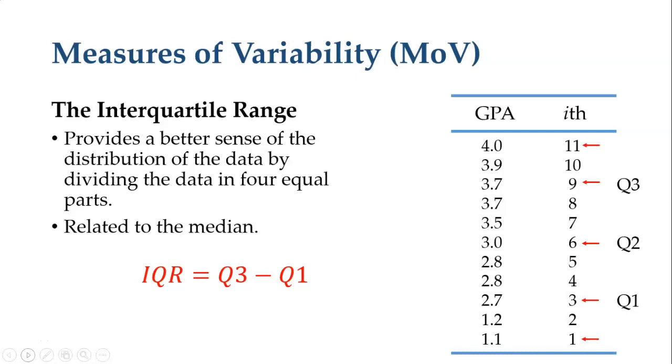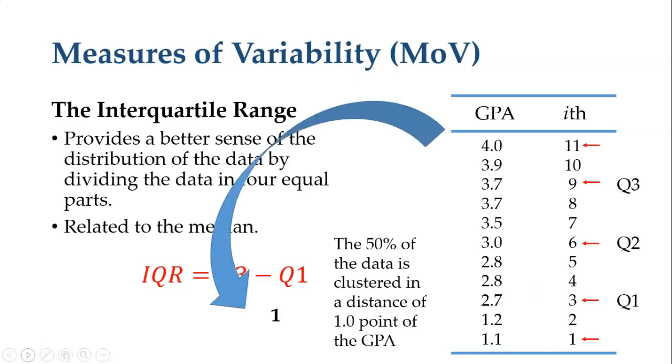It's going to be a more precise measurement of to what extent the data is clustered in a particular range of values. In this case, for example, the interquartile range is one point in the GPA scale, because you have most of the data between 2.7 and 3.7. Actually, 50% of the data is clustered in that distance in the GPA.